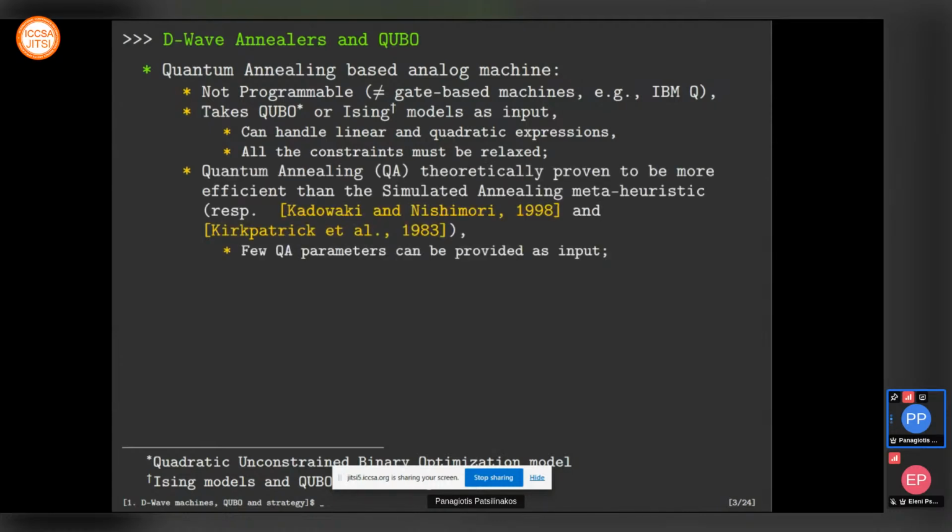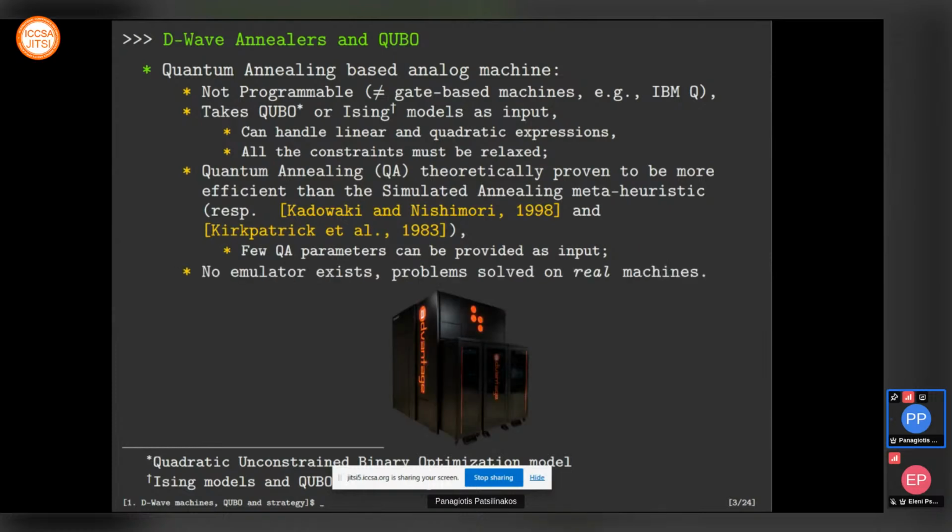So quantum annealing has been proven to be more efficient than the well-known simulated annealing in theory, because to build such a computer is very complicated, of course. And this type of computer has a few parameters, so we'll come back to them later.